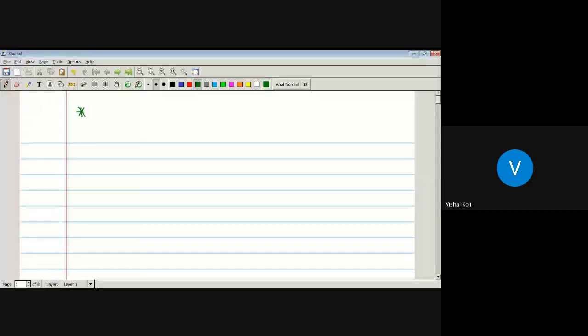So today we will see one new concept, which is the meromorphic function. Let us see what a meromorphic function is.